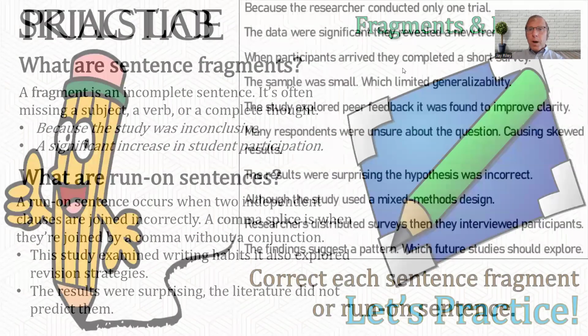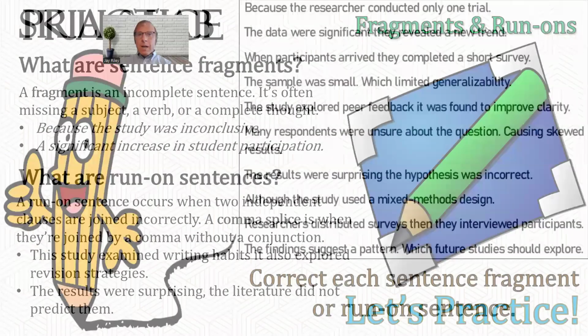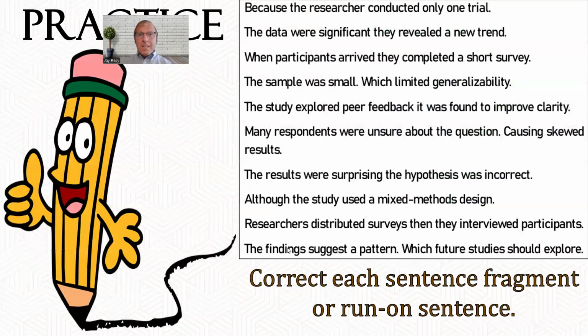So we won't go through all of these, but we'll work through a few of these sentences here. Because the researcher conducted only one trial. So obviously, this is not a complete thought. So I might say the results were not conclusive because the researcher conducted only one trial.